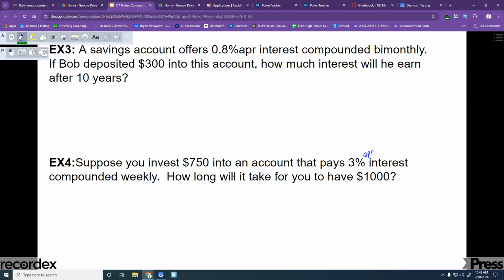So if I write this equation, I'm gonna use a y because Desmos likes y's better. Y equals, Caitlin, what is the starting amount for this problem? 750. Okay, and then I've got 1 plus, I need R over N. So Lucas, what's the rate for this problem?